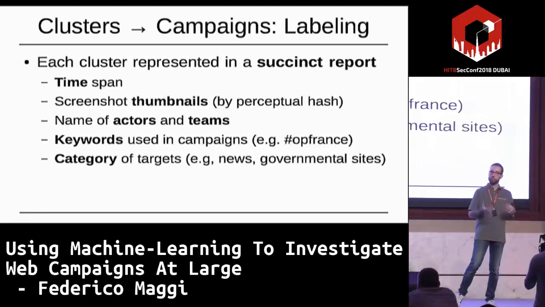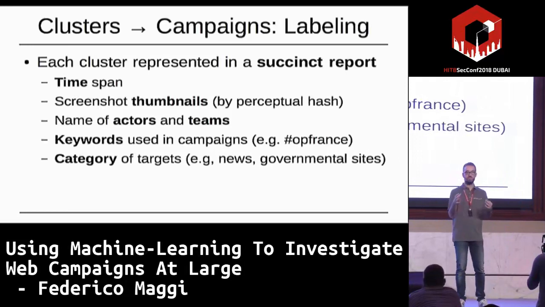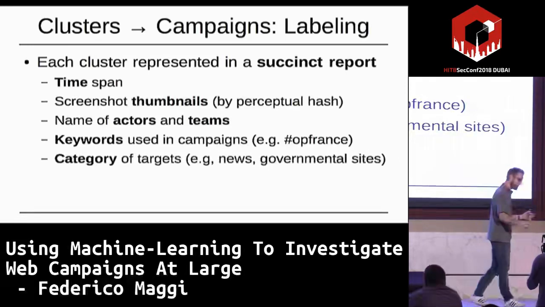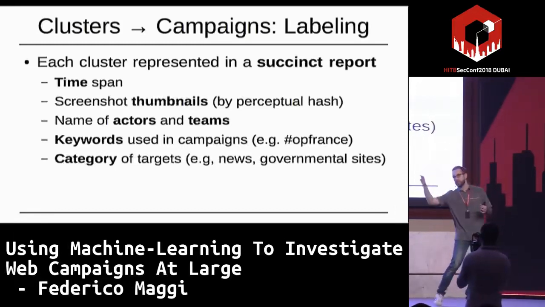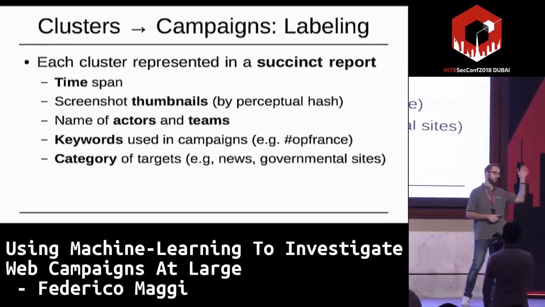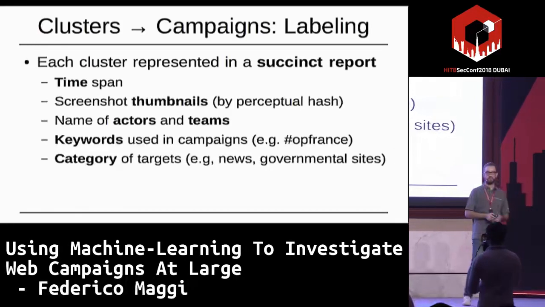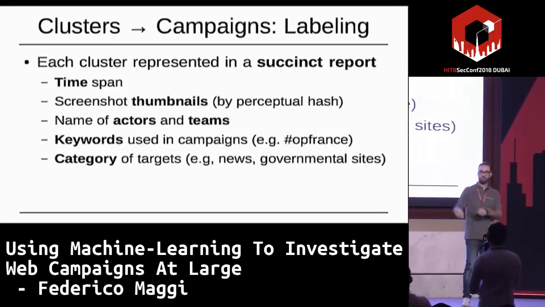With clustering, it's easier to solve if you find a way to represent your data in a compact way. So you could give a meaningful name to each cluster. You can say, oh, that's the cluster of Hope France. That's the cluster of, I don't know, the campaign for Michael Jackson. That's the cluster to protest against, I don't know what.